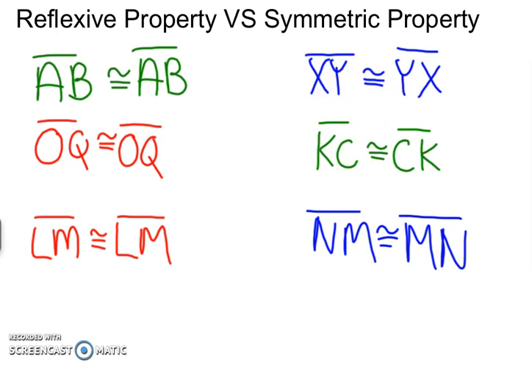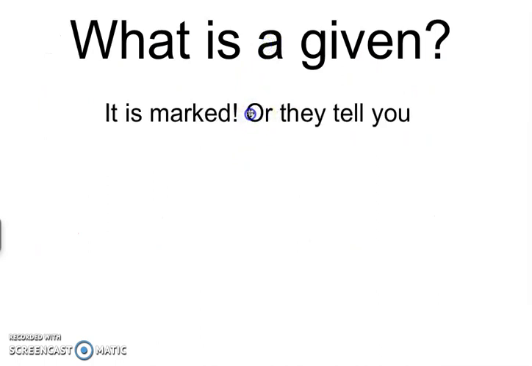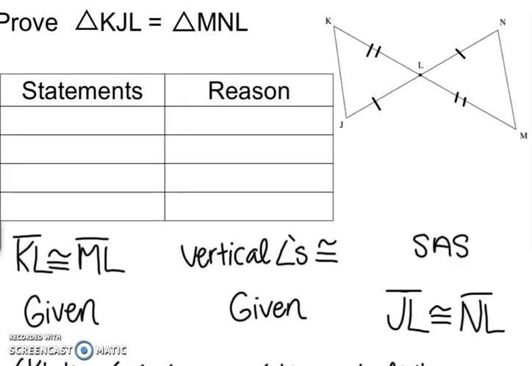All right, moving on. What is a given, okay? A given is something that is marked or they're going to tell you, okay? So for example, here's what a proof is going to look like. It wants us to prove that triangle KJL is congruent to triangle MNL, okay?